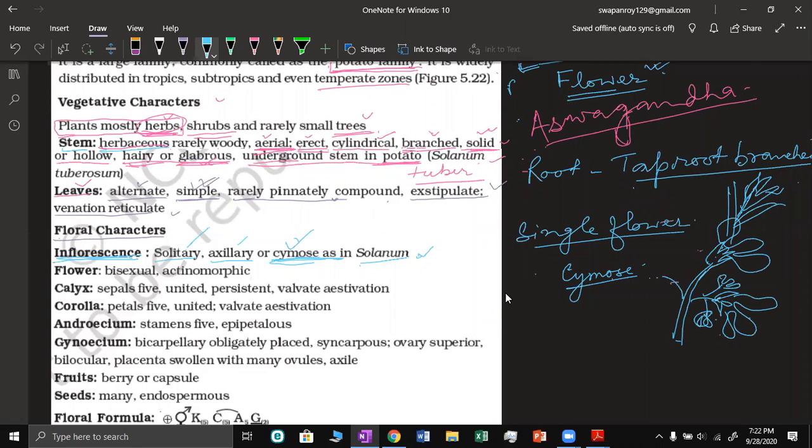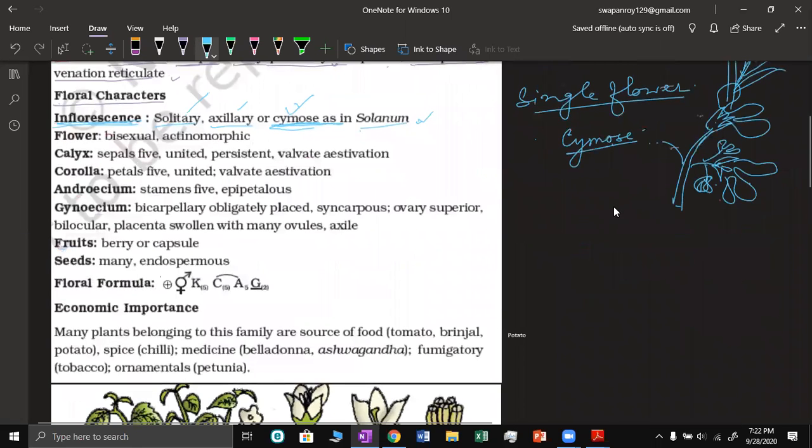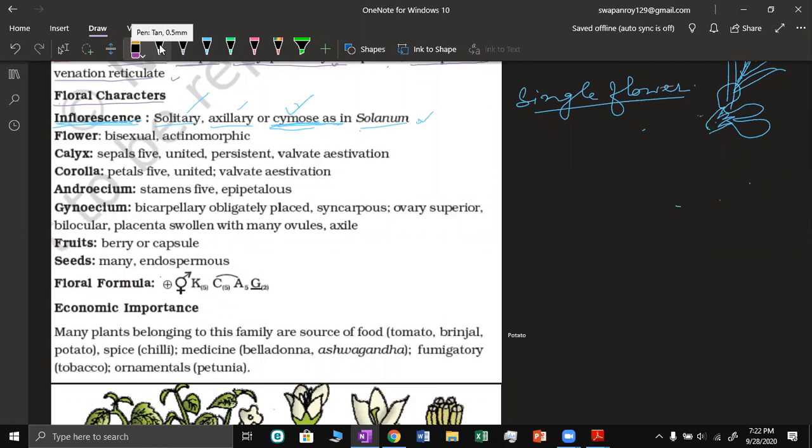And now comes the flower character. Remember that in the flower we have learned what? Flower may be bisexual, flower is complete or incomplete. So here it is given that the flower is bisexual and actinomorphic.